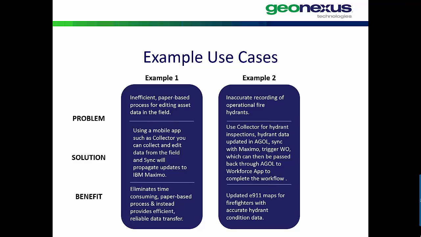So a couple of use cases to think about as we move forward. One of them, probably the most logical, the first one right there, is that there are organizations today that are still using a paper process workflow. We see that with customers that are still investing in and buying GeoWorx Sync, right? They're trying to improve efficiency and the process and the timeliness of being able to push data in.